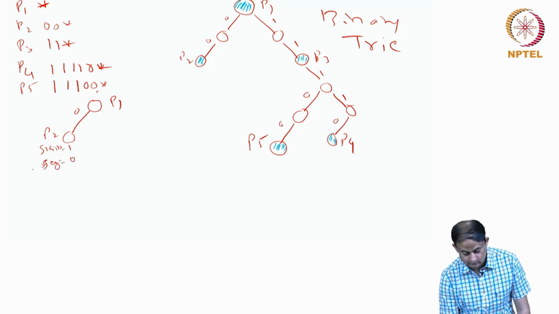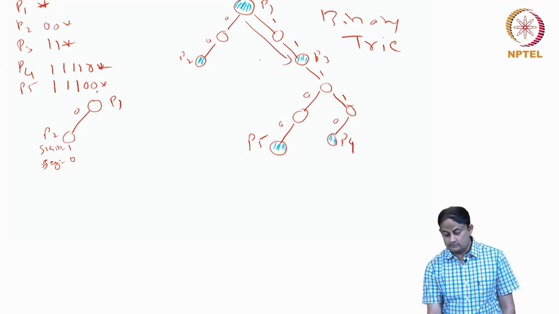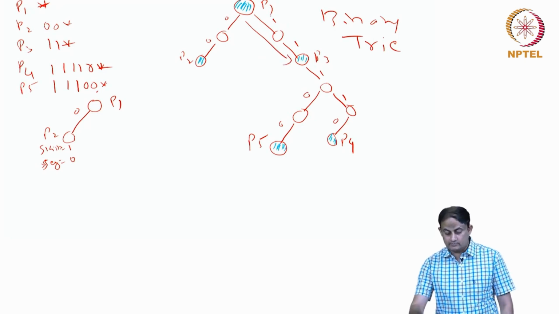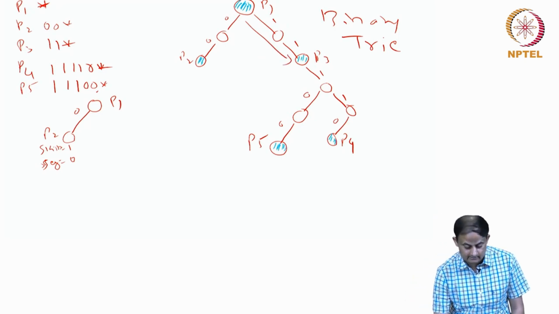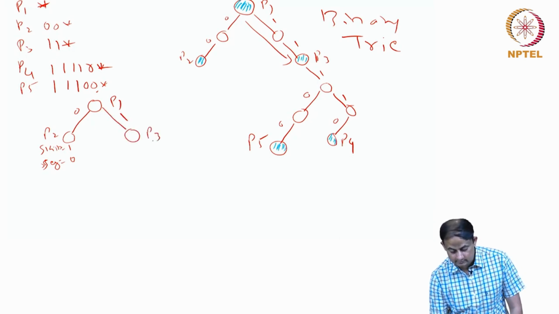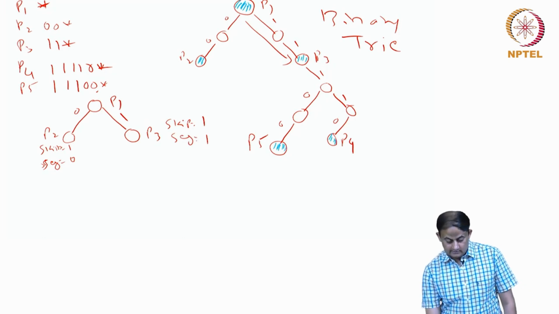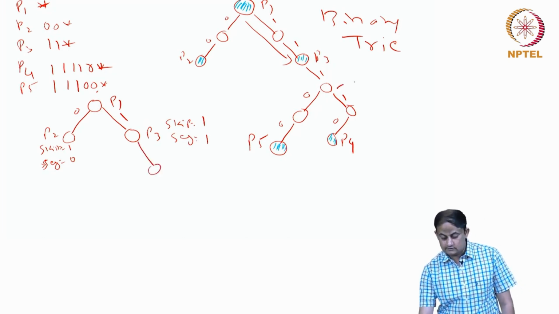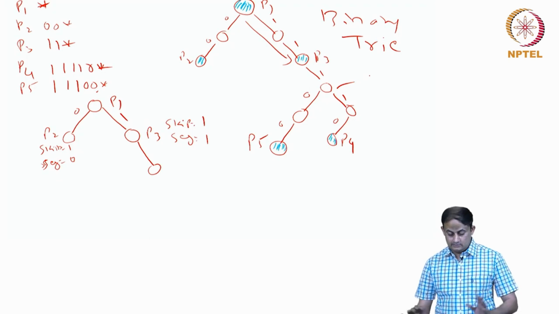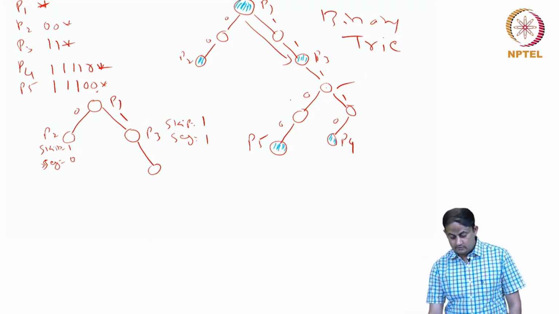And I come to the right. On this particular path, this node which is intermediate between P1 and P3 can be eliminated. The same logic, I retain 1 and mark this as my P3, and what I skipped here is of length 1 and the segment that is skipped is 1. Similarly, the next node has got 2 children. This node, nothing we can do about it, just keep it as it is. But on the path from this node to the P5, I got an intermediate node.